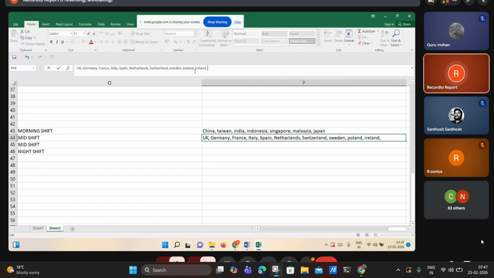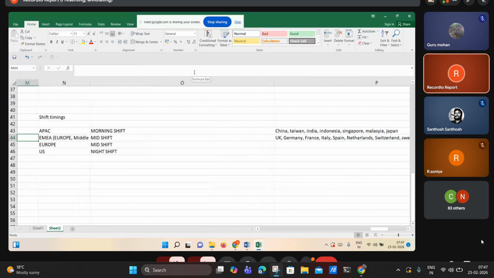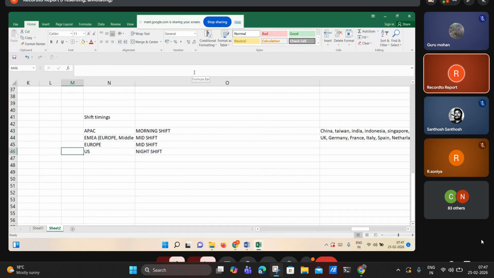Okay. UAE, Qatar, in that it will cover. Okay. So South Africa, Nigeria, Egypt, etc. guys. If your branch is located in this particular region and they ask you to work for these locations, your shift timing will start around mid shift, guys.